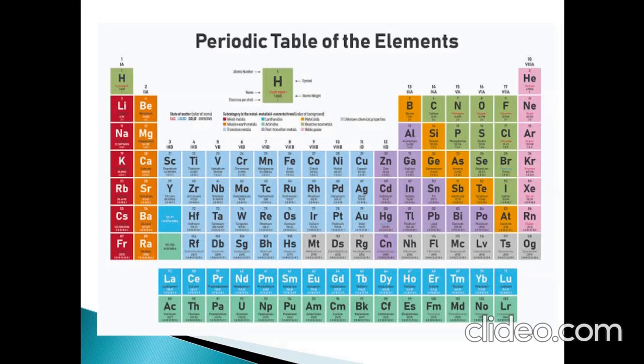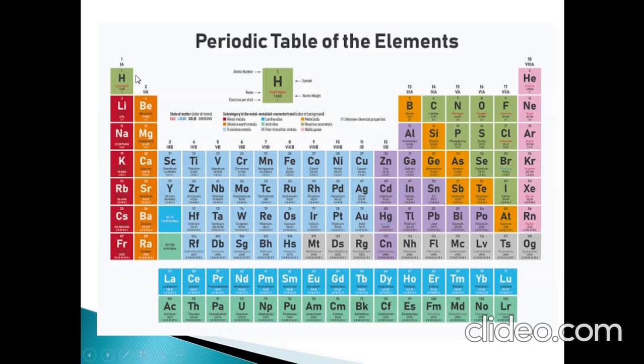Now what are groups? The vertical columns as we go from top to bottom are called groups. There are 18 groups. Group 3 to 12 you don't have to study. So vertical columns are called groups and there are 18 groups. Group number is equal to the number of valence electrons.